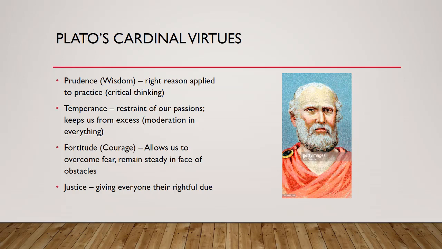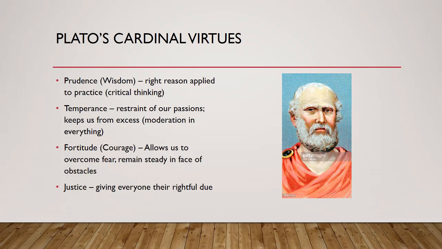Here's a list of Plato's cardinal virtues, and he only had four in this list, but he said that prudence or wisdom was very important. He means by that using critical thinking to come to the right solutions or right conclusions about that issue.